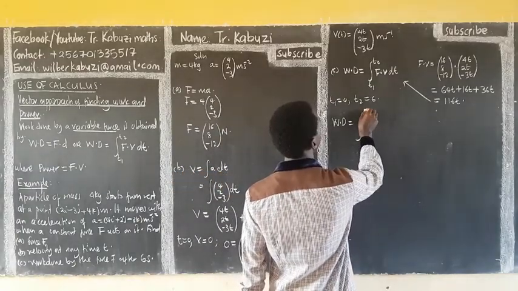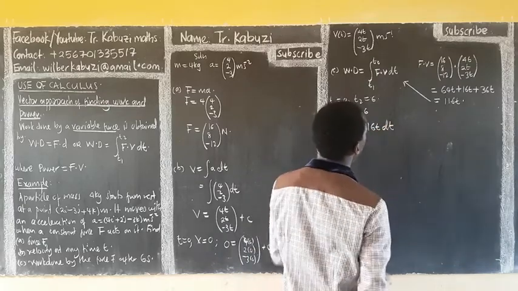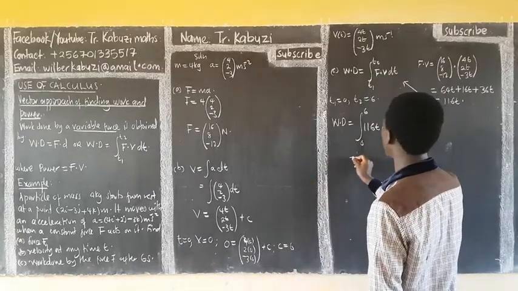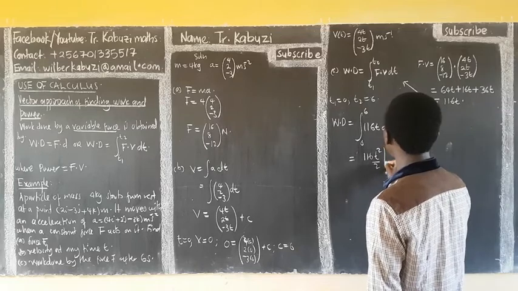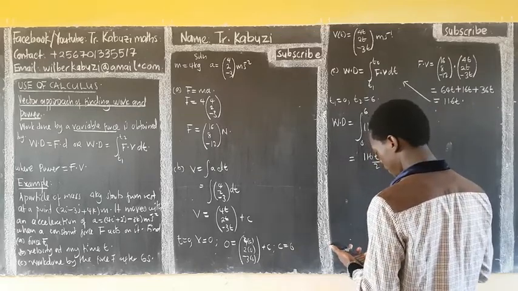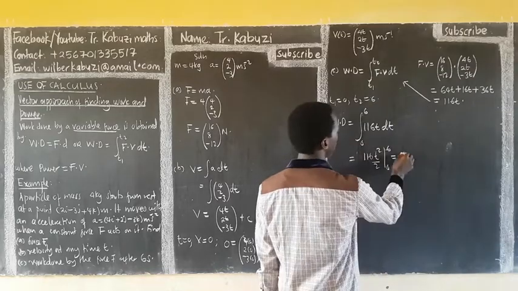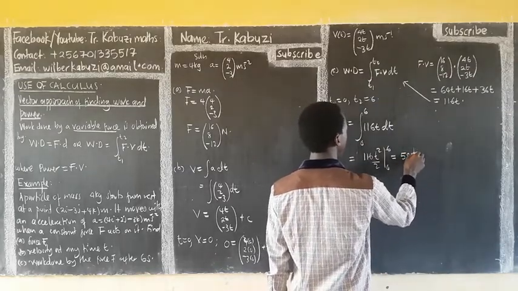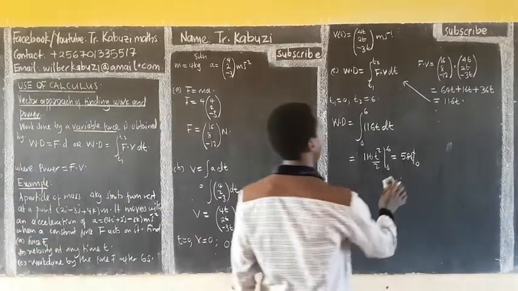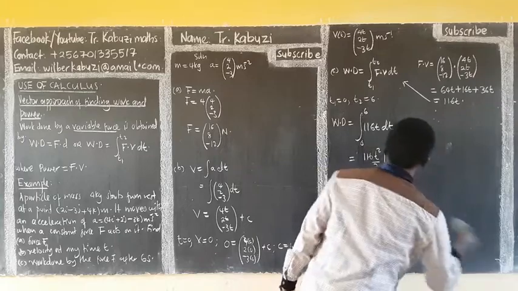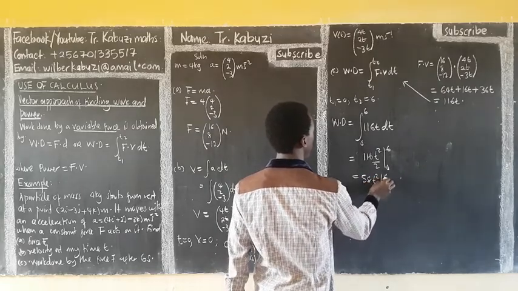So from 0 to 6 of 116t dt. Integrating that, we get 116 t squared over 2 from 0 to 6, which is 58t squared from 0 to 6.